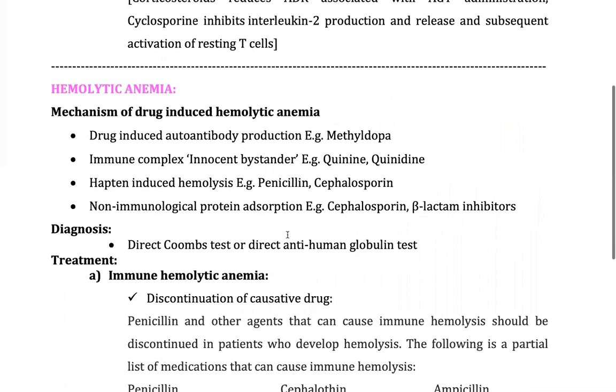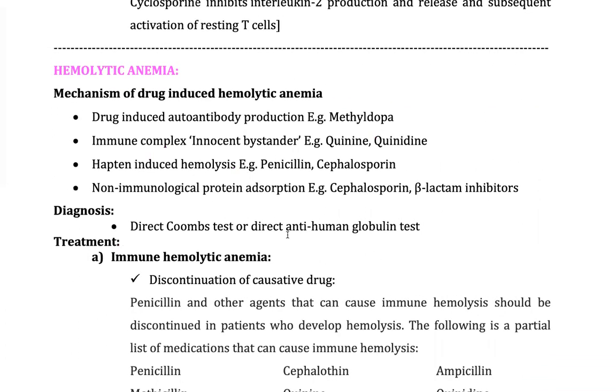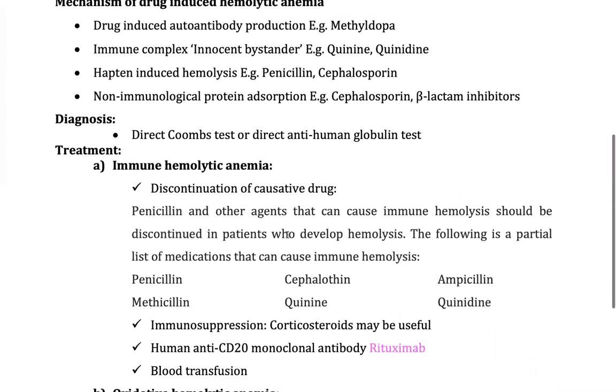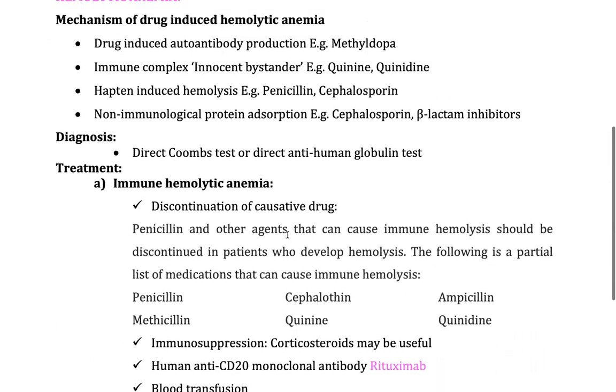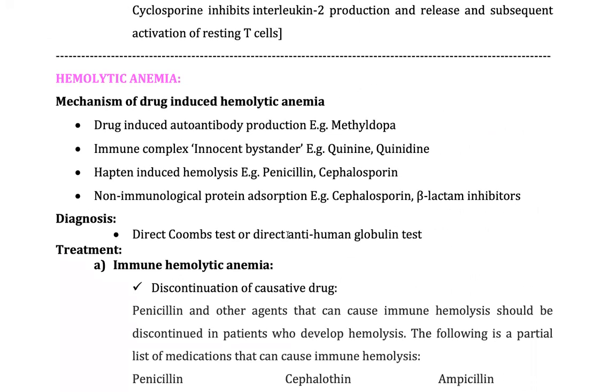Hemolytic anemia. Generally, hemolytic anemia is of two types: immune hemolytic anemia and oxidative hemolytic anemia. So, what is the mechanism of drug induced hemolytic anemia? The first one is drug induced autoantibody production. The drug produces the autoantibody and it leads to antigen antibody reactions.